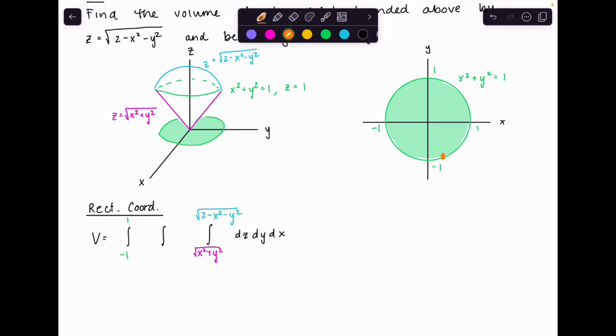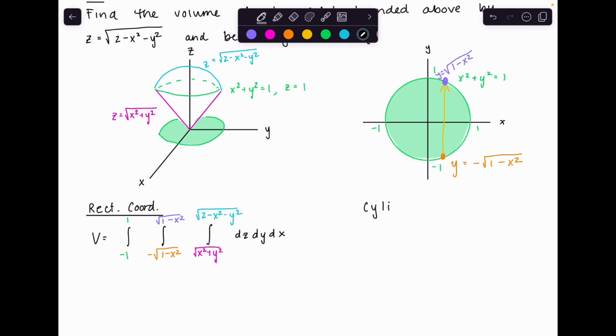So starting down here, we go up to the top. And so you'd have to solve that equation for y, take a bunch of square roots. The bottom of this is negative square root of 1 minus x squared. And then the top is going to be the positive square root of 1 minus x squared. Okay. So that would be that volume in rectangular coordinates.